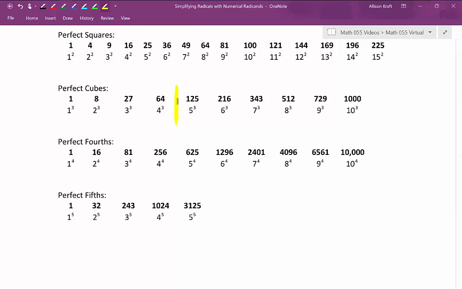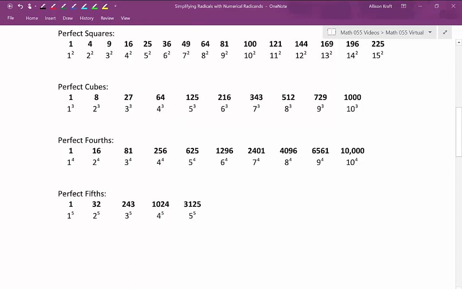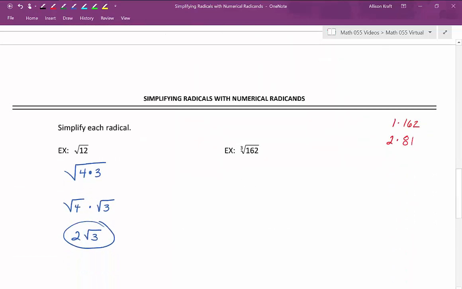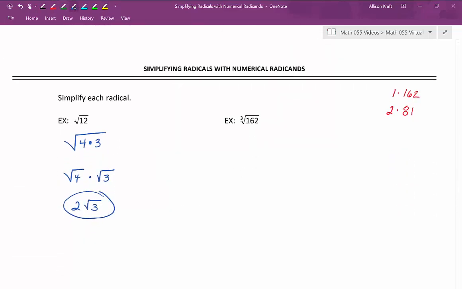So now I move to 27. If I take 162 and divide it by 27, I get 6. So that tells me that I want to rewrite 162 as 27 times 6.